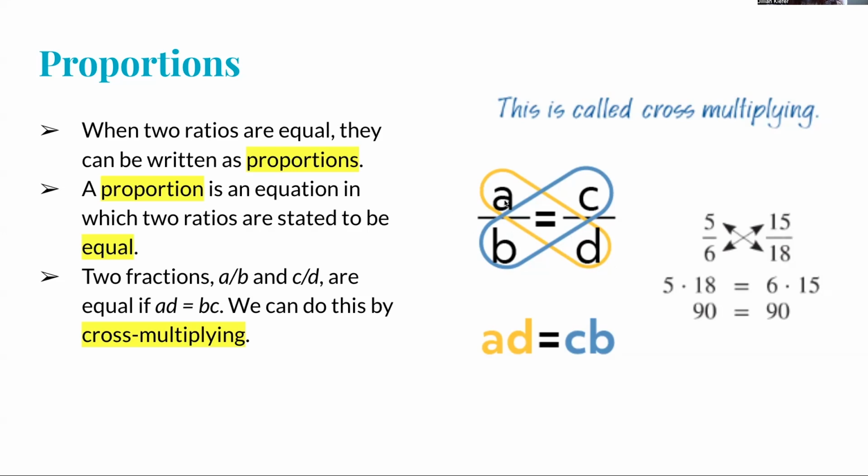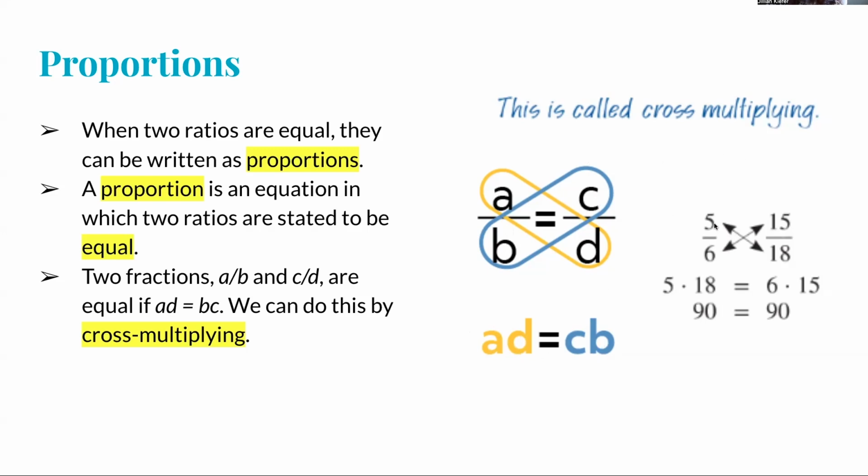So we would multiply A and D. So the numerator, that's the one on top, times the denominator, the one on the bottom of the other one. So numerator of one times denominator of the other. Denominator of one times numerator of the other. So A times D is equal to C times B. And that's our equal part there. So that's called cross multiply.